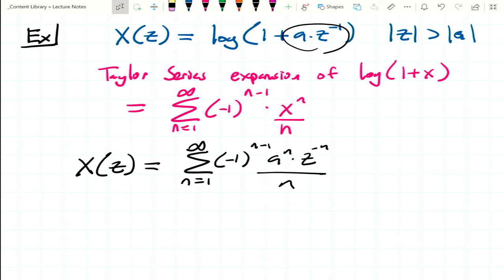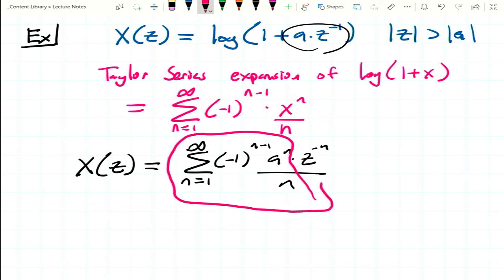This next part's pretty lame. All right. So remember, just like before, in the power series expansion, what our discrete time signal, our x of n, is just everything that isn't attached to z.